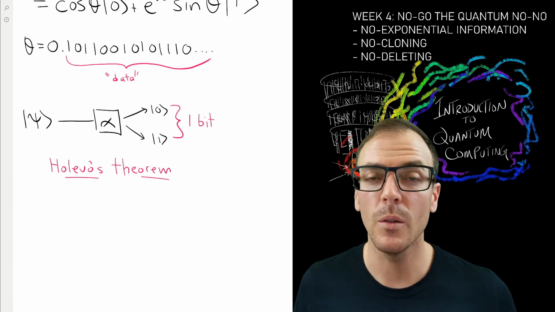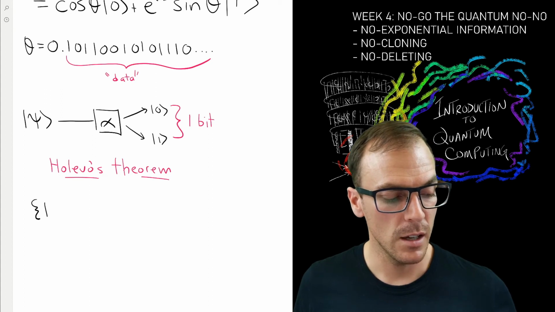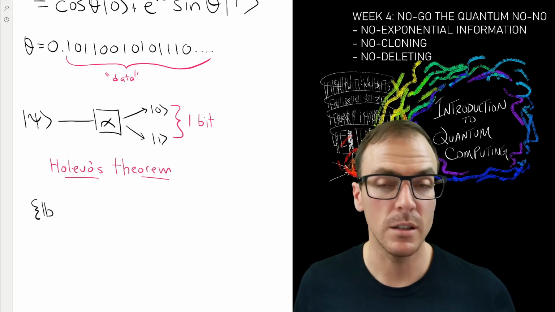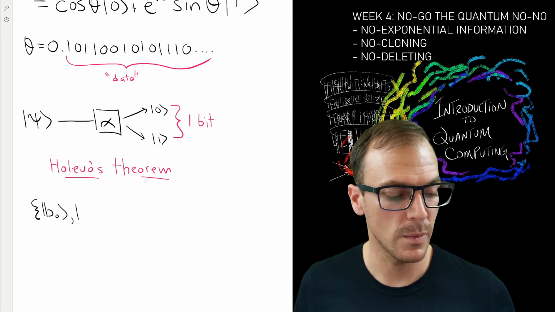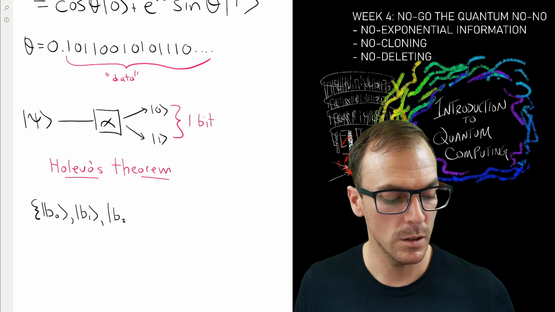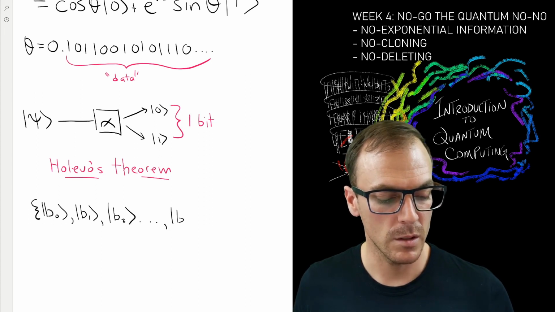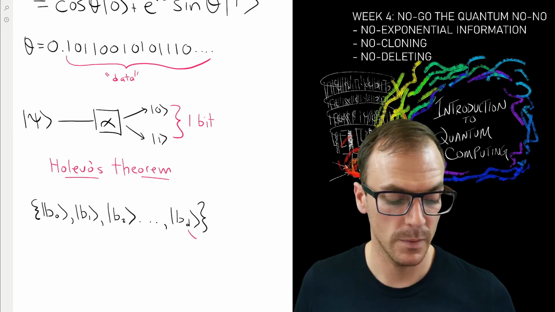If I have more than 1 qubit, so I can have an arbitrary dimension system, I have a system and I can define it by some basis, B0, B1, B2, and all the way up to, say, BD, where D here is the dimension.